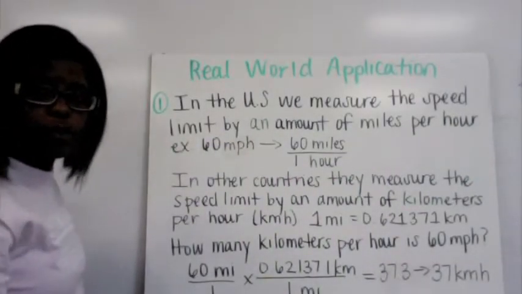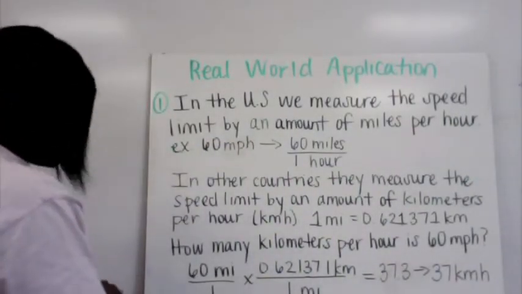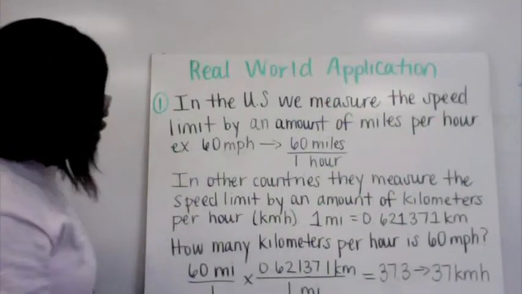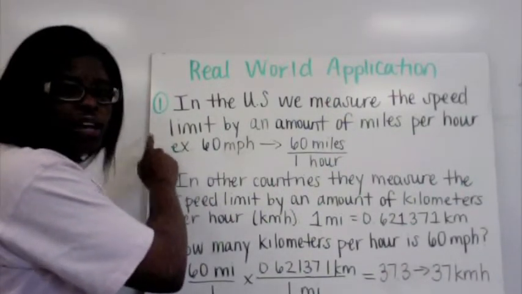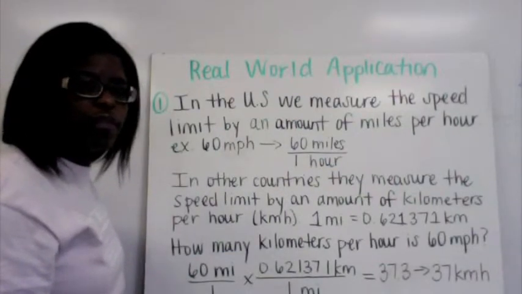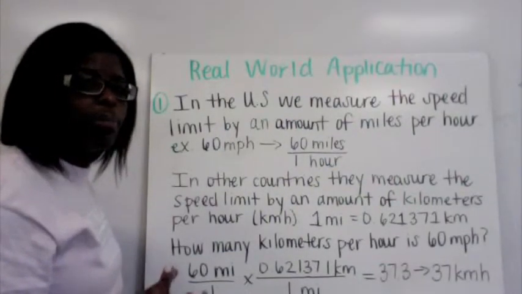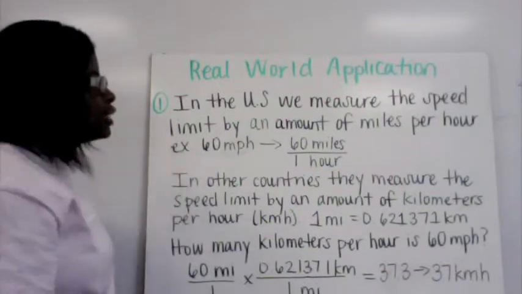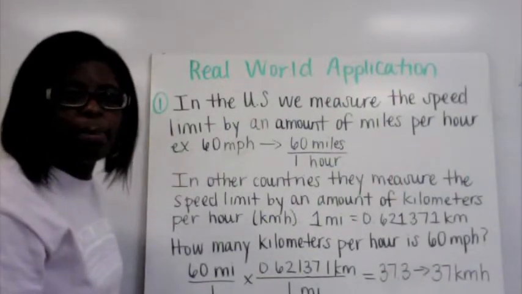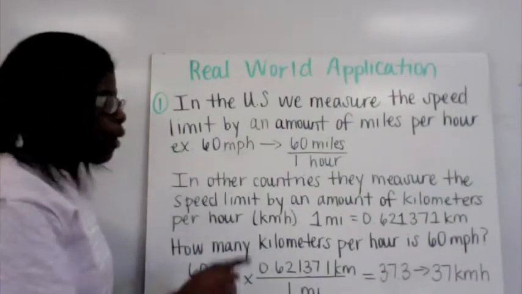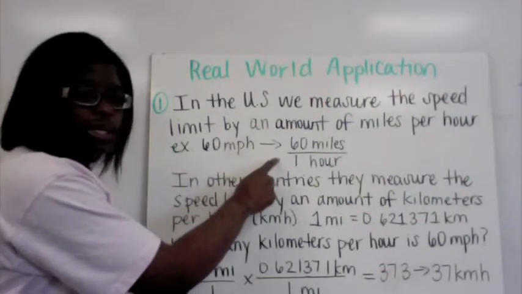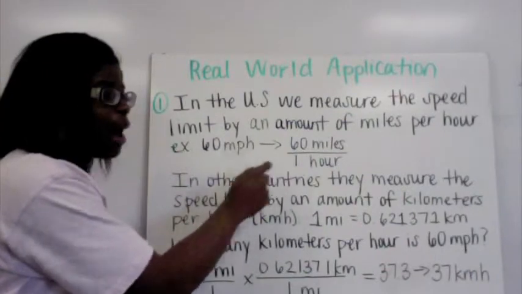Now it's time for some real-world application. So what we have here is an example of the English system versus the international or metric system. So in the United States, we measure the speed limit by an amount of miles per hour. An example I gave you here is 60 miles per hour, or 60 mph, which literally means 60 miles per 1 hour.